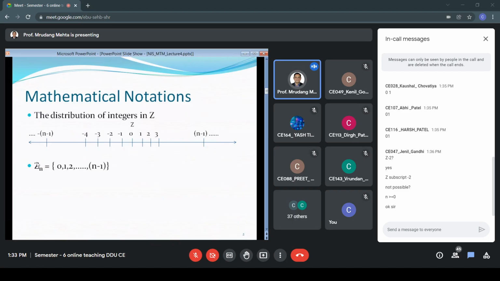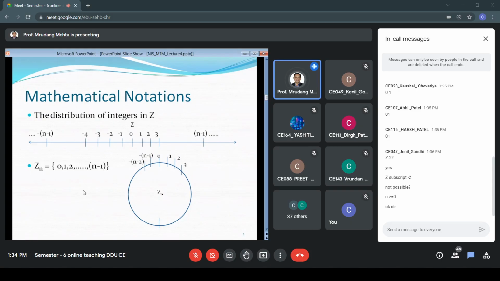What is the context of Zn? You will understand the context of Zn in this distribution. If we have to represent this Zn, we can represent it as a circle.